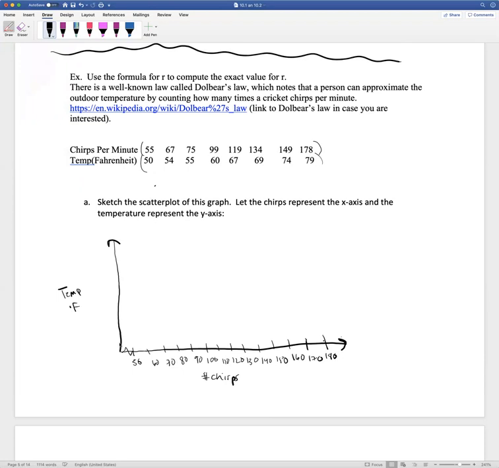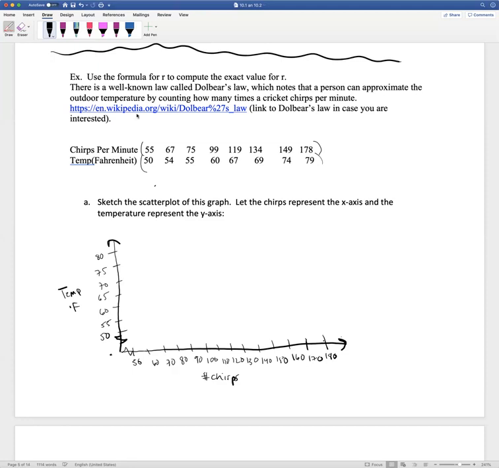Again, let's do the jagged line to show that we're not using 0 as our true starting point. We're going to start at 50 and go up to 79, so let's do from 50 to 80, in terms of fives: 55, 60, 65, 70, 75, 80.